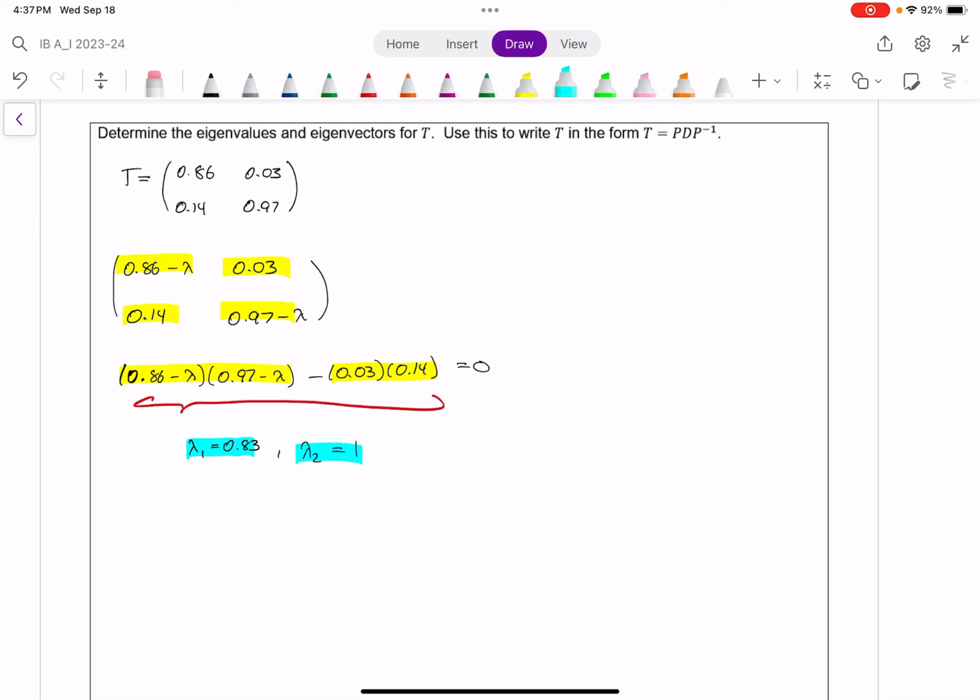Well, I now need to find, for each of these, the matrix of, in this case, t minus this times the identity matrix.